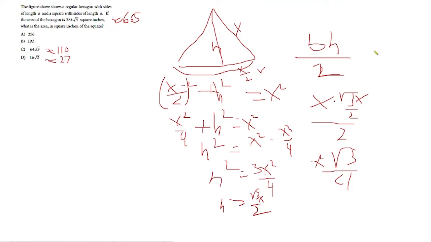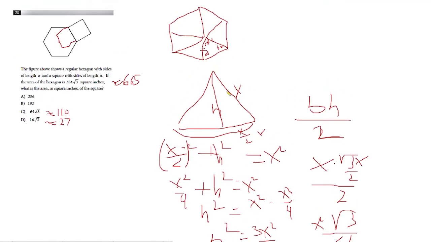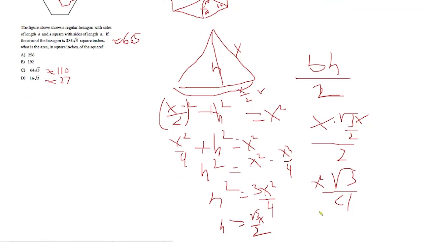Again, this is a gigantic time trap to do in real time. If you have time at the end, you can do that. If somehow you get time and a half because of some disability, you might be able to use that. So then the hexagon is going to be 6 equilateral triangles, so we multiply that by 6. So we have 6x squared root 3 over 4, which equals 3x squared root 3 over 2.